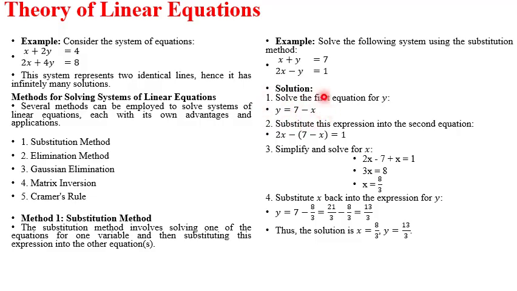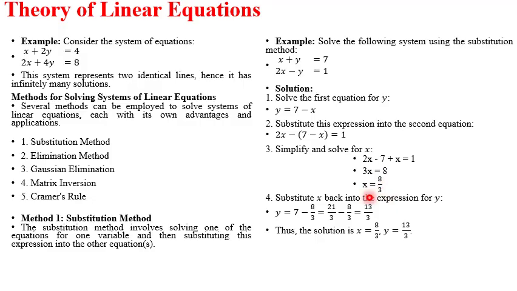Then you substitute for y in the second equation. That is what we've done here: that is 2x, y is 7 minus x, so we substitute that in here, and simplifying this would result in x being equal to 8 all over 3.